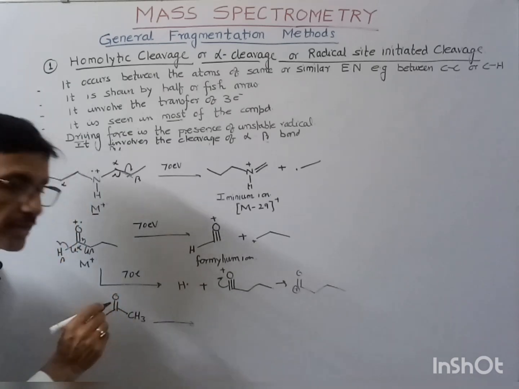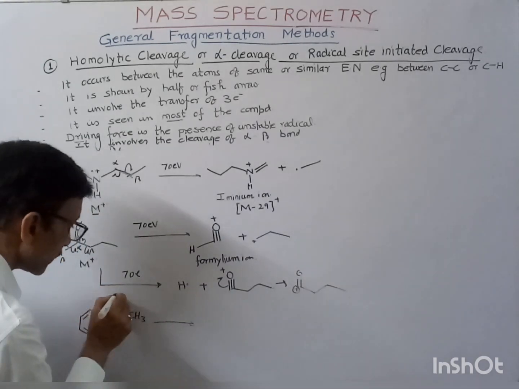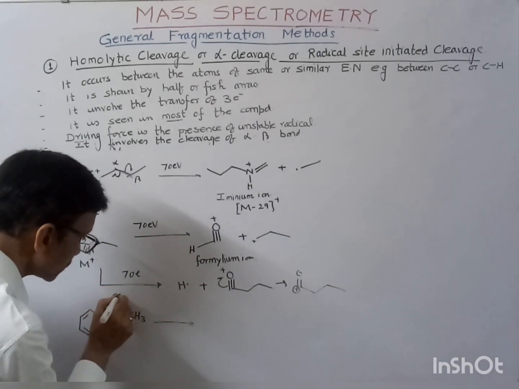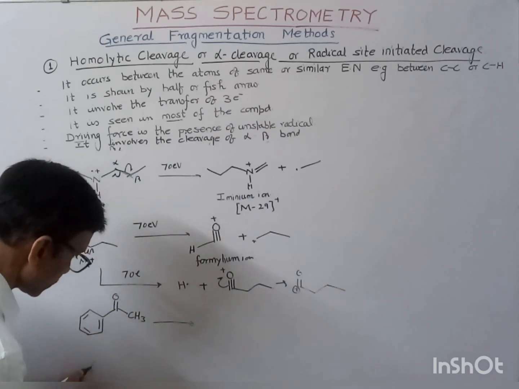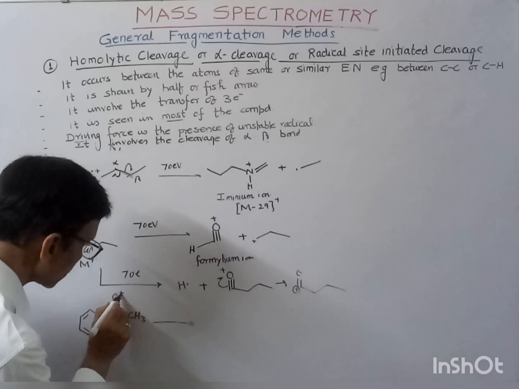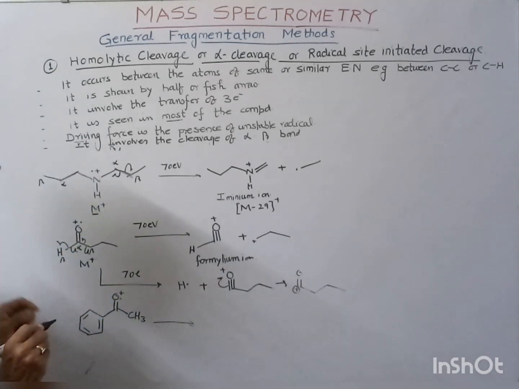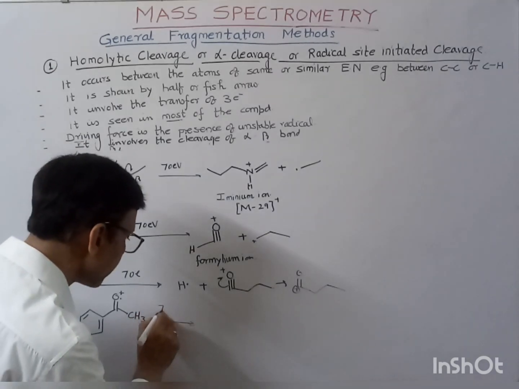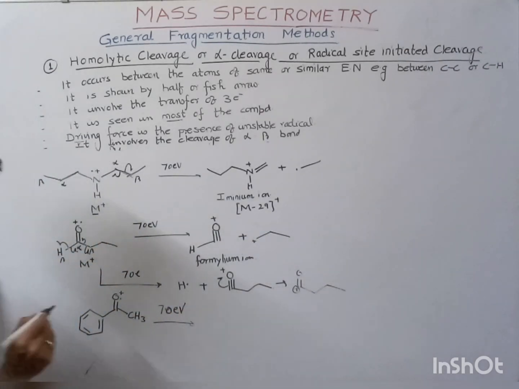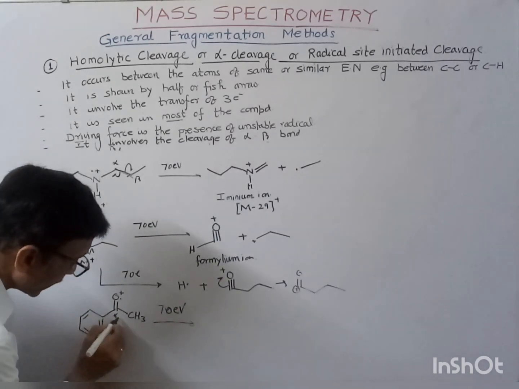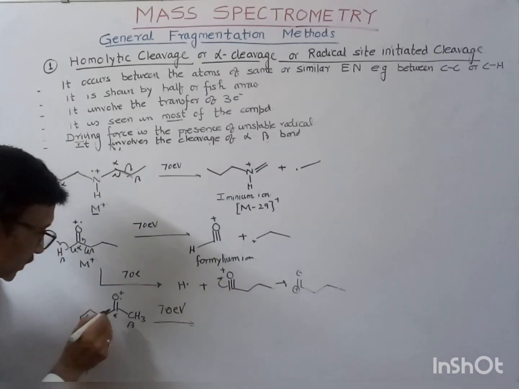First of all we should have the radical cation. This is the radical cation. Now first of all, homolytic cleavage, that is alpha cleavage, will take place at 70 electron volt. So the cleavage, this is alpha and this is beta.